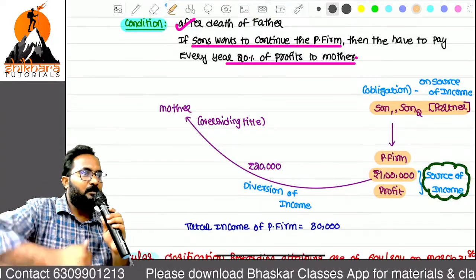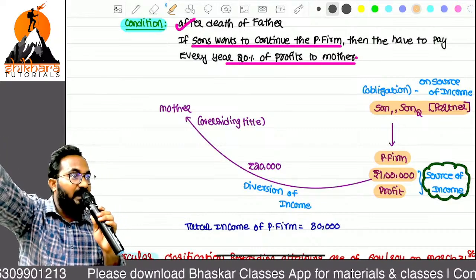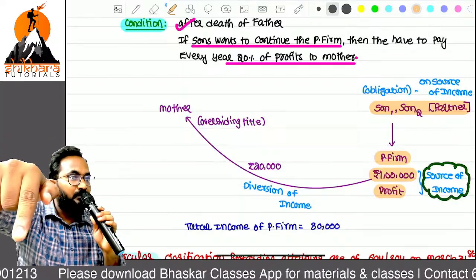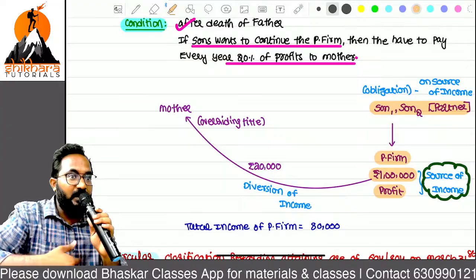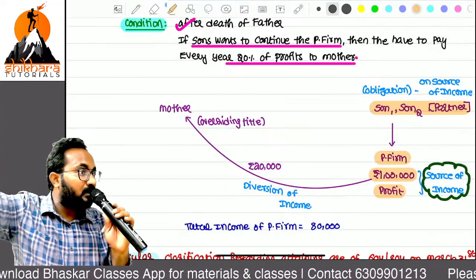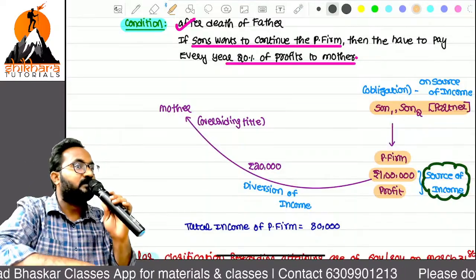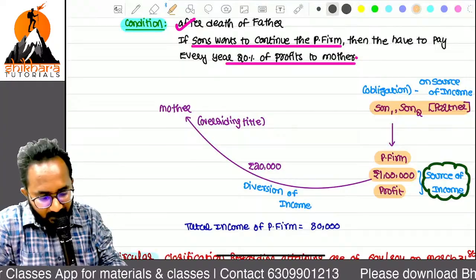Source. In the previous example, the husband had the obligation on what, ma? Receipt of income. Here, partners son 1 and son 2 have an obligation to give 20% of the profits to mother on receipt or source, ma? Source. From their source only they need to pay. Yes, this is very important.